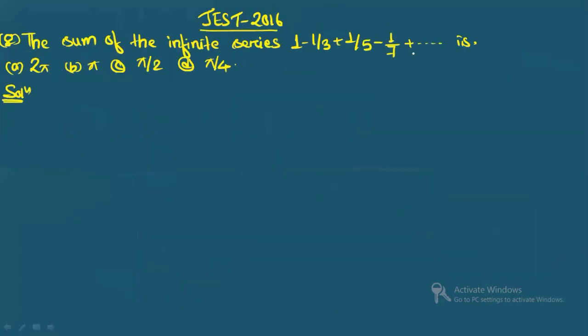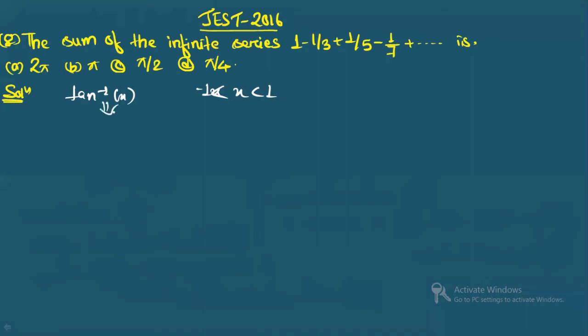Now you see this. Here it is said to you the sum of the infinite series 1 minus 1 by 3 plus 1 by 5 minus 1 by 7 is what? You're having four options: 2 pi, pi, pi by 2, pi by 4. So first of all, you see tan inverse x, in this interval where x is greater than minus 1 but less than 1.